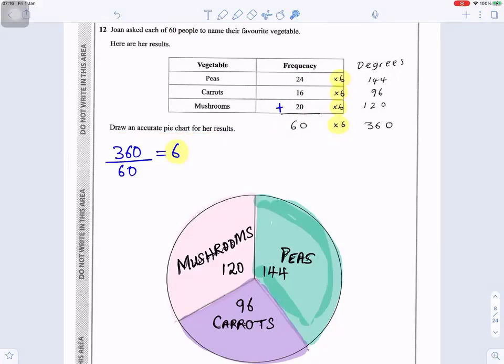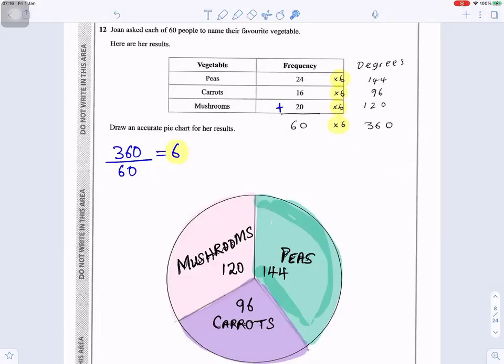To draw a pie chart, we need to take all of these numbers and change them to angles so that we can draw it on the pie chart. What we want to know first is that the 60 people represent 360 degrees.